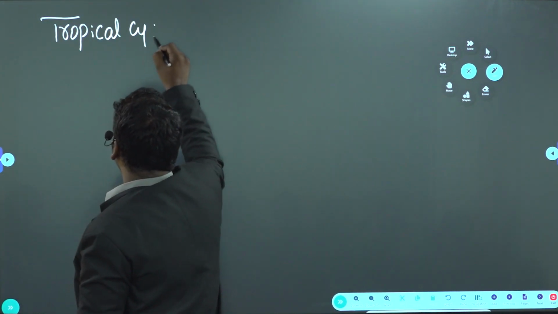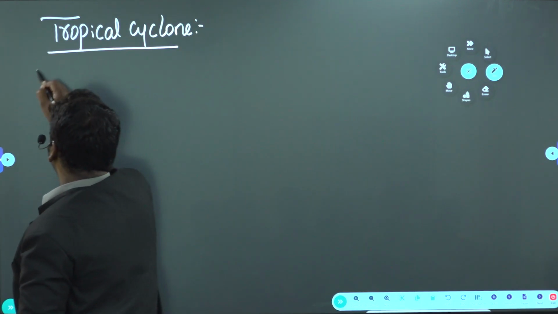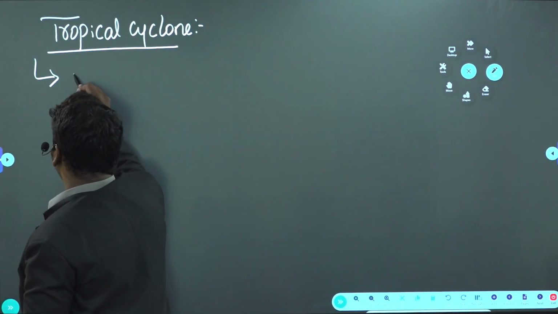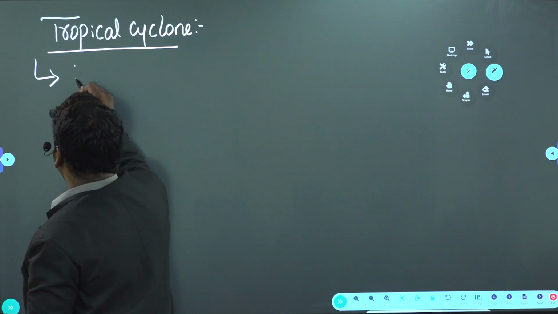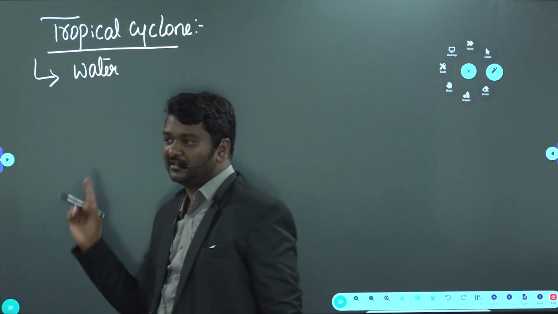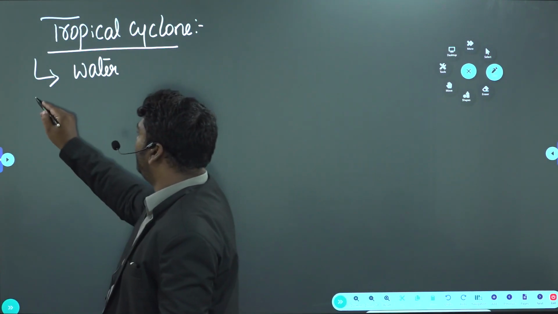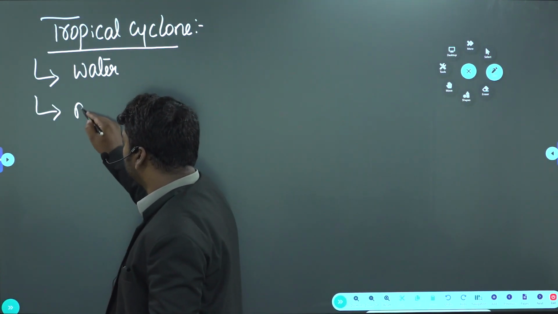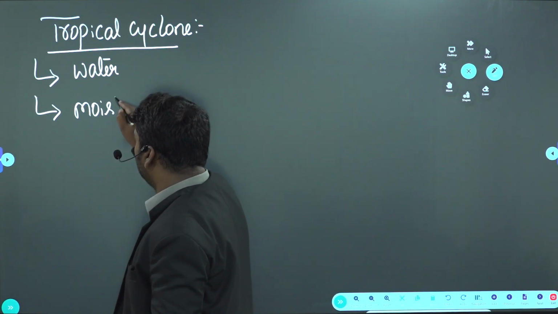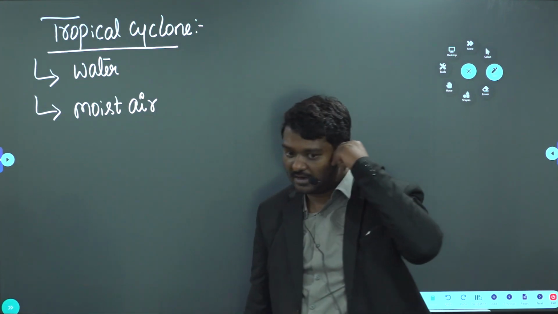Tropical cyclone. First, is it formed over both land and water or only water? Only water. See, only is very less, and this is one condition. Okay. Does it require dry air or moist air? If dry air is required, it can be formed on land as well.